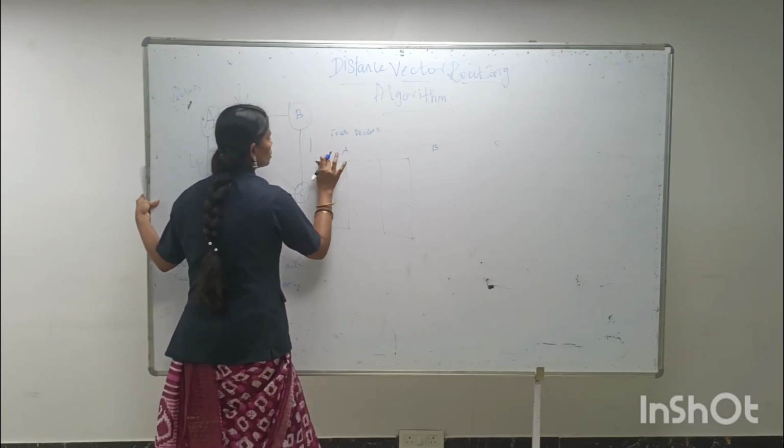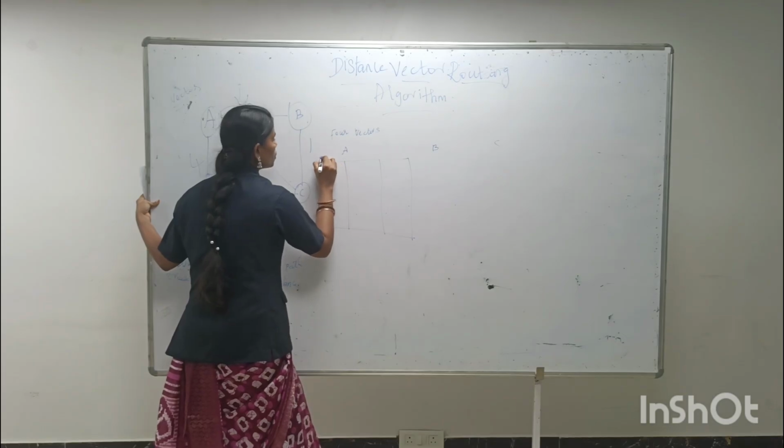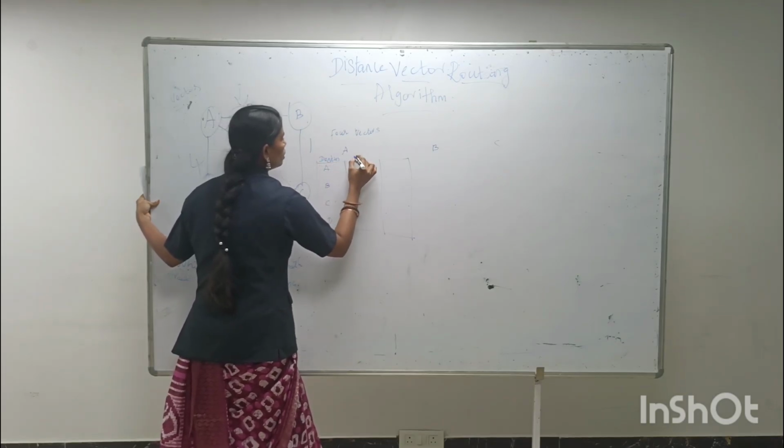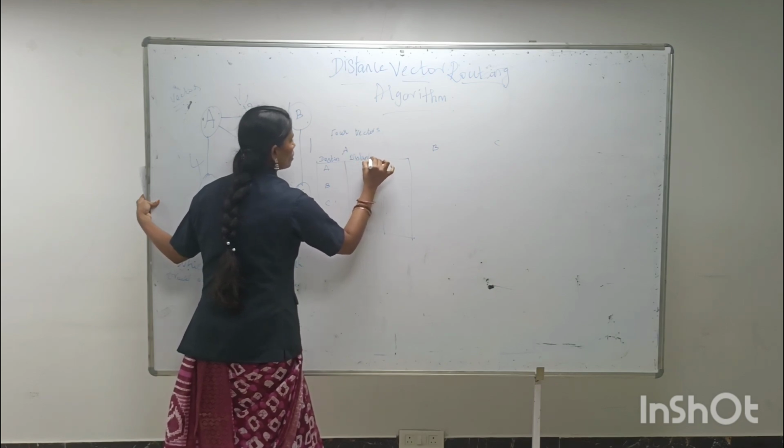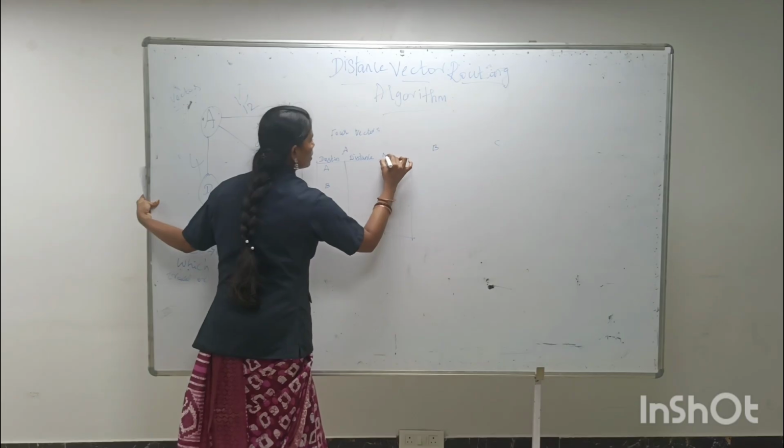The first column is our destination, the second one is distance, and the third one is next.